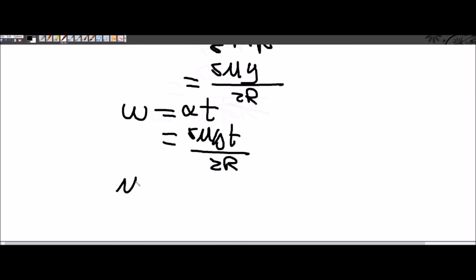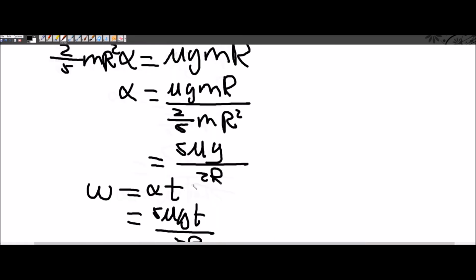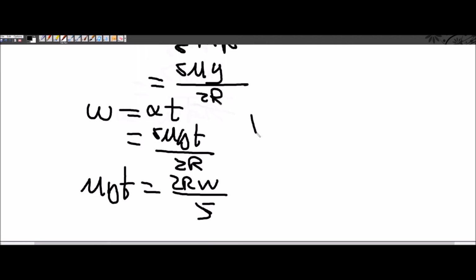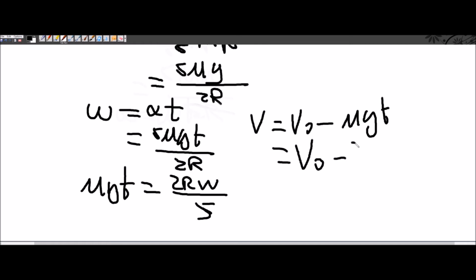So we get mu g t is equal to 2r omega over 5. Now we'll plug it back into the initial equation all the way up here, where v equals v0 minus mu g t. So we can write v equal to v0 minus 2r omega over 5.